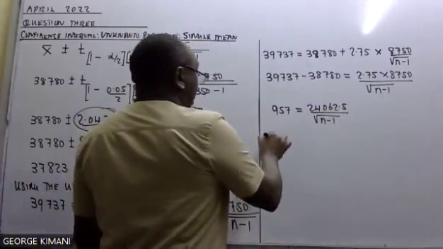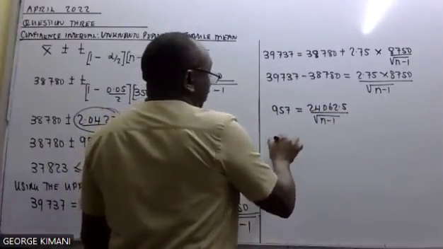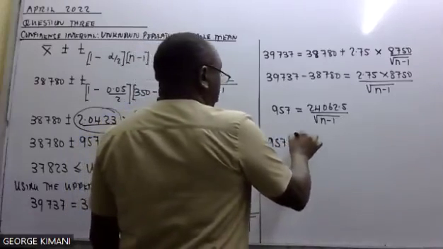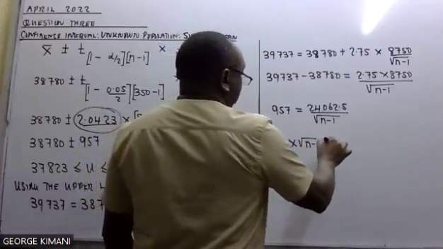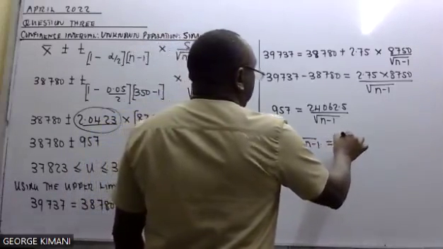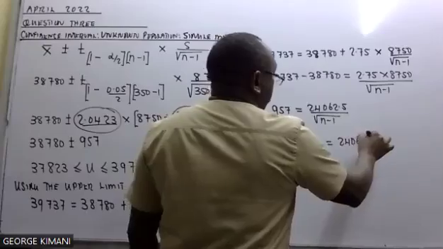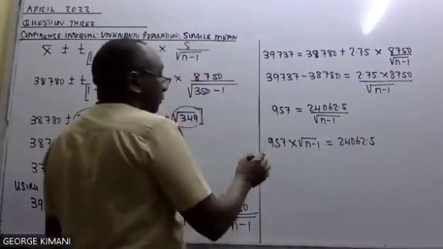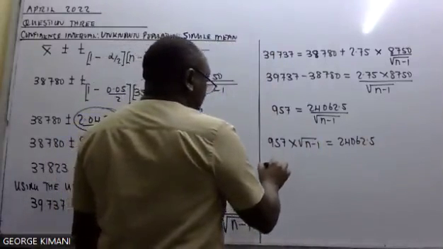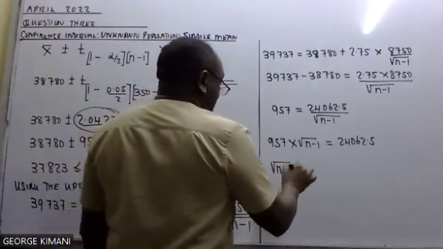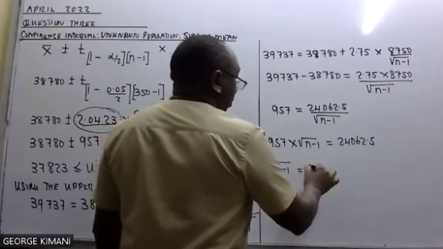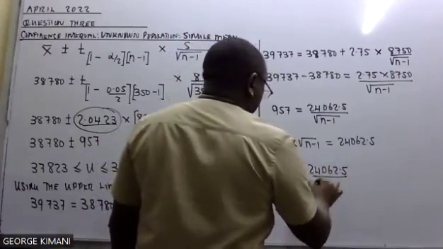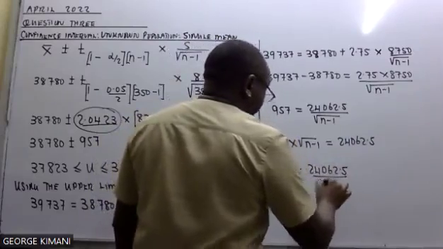So that you have 957 multiplied by the root of n minus 1, and you are left with 24,062.5. Once you have done that, you divide. You achieve the root of n minus 1 is equal to 24,062.5 divided by 957.